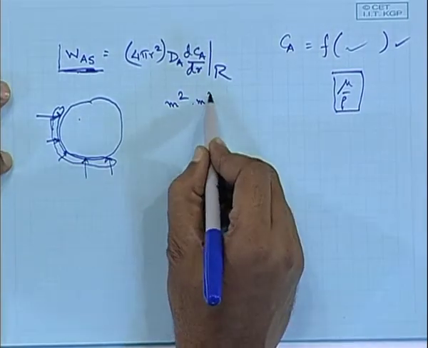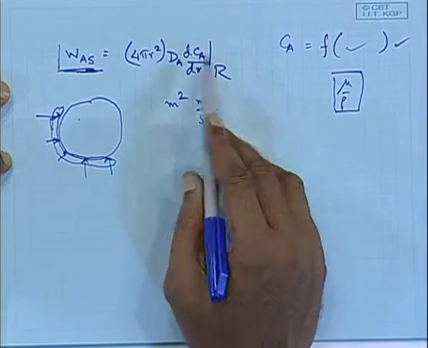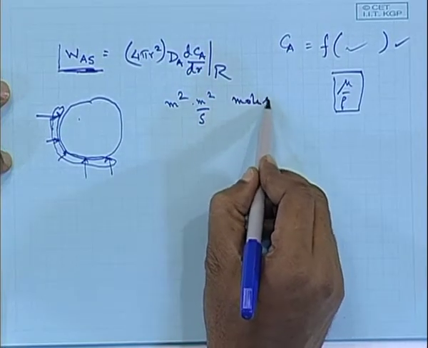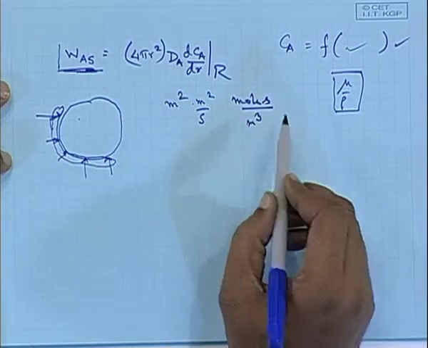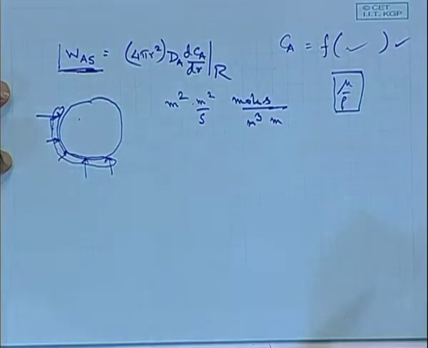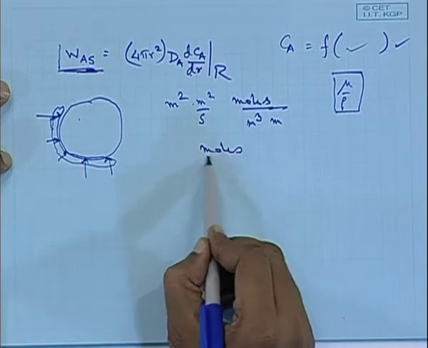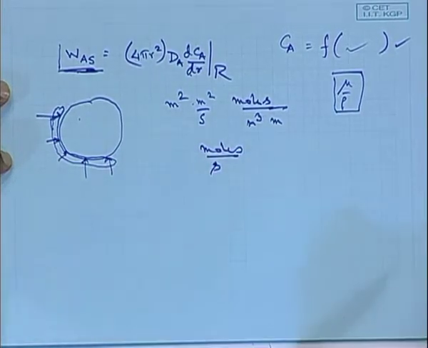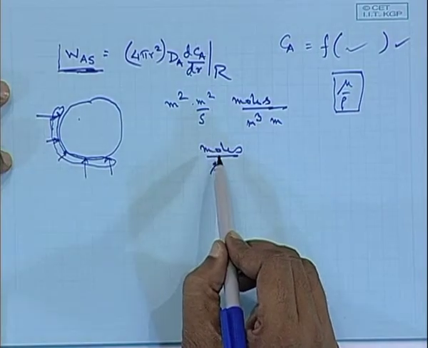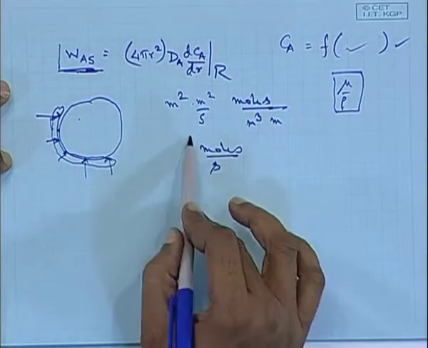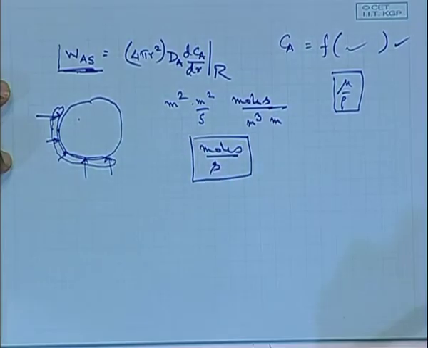So it is meter square per second, and dCA is moles per meter cube, and I have another meter here due to this R. So what you have here is moles per unit time. That is the number of moles of A which is reaching this per unit time. This is what we would like to find out.